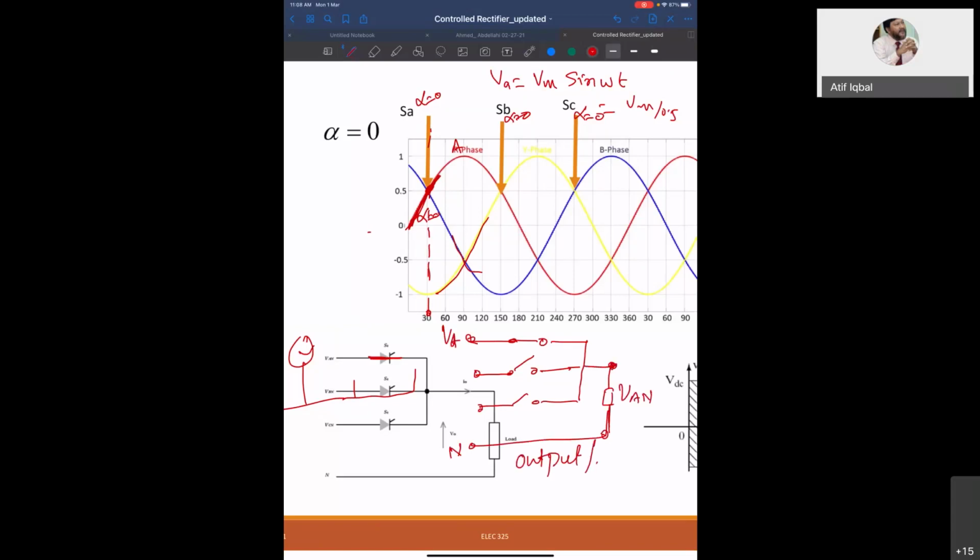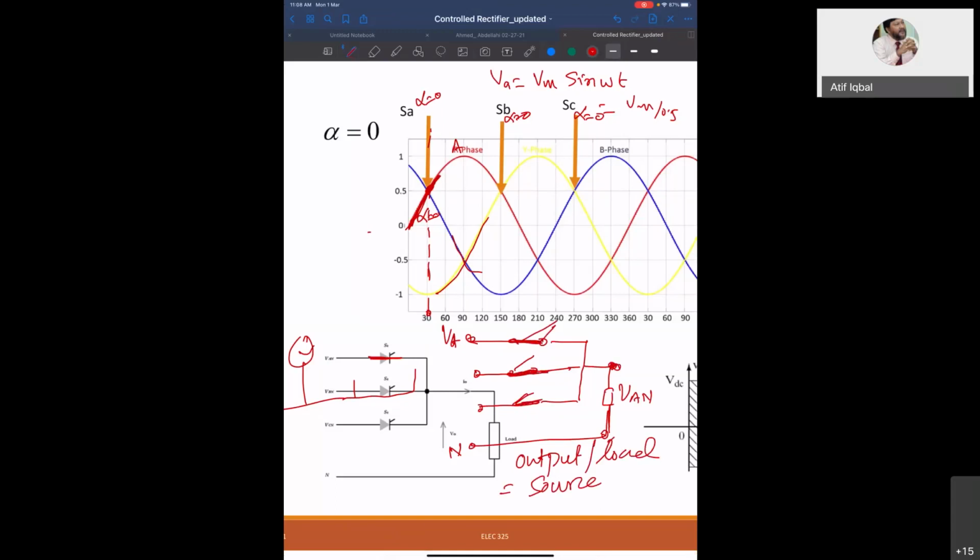The load voltage is the same as the source voltage when that thyristor is working. When this is conducting, VA will be across the load. When the next thyristor is operating, the other two will be off, so VB will be appearing across the load. When this will be operating, VC will be appearing across the load.